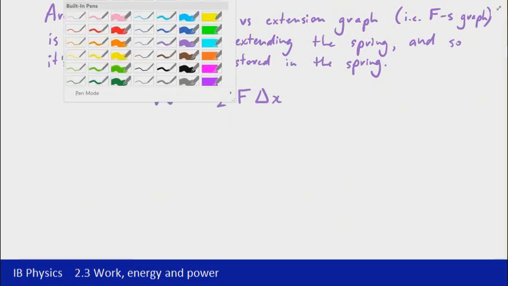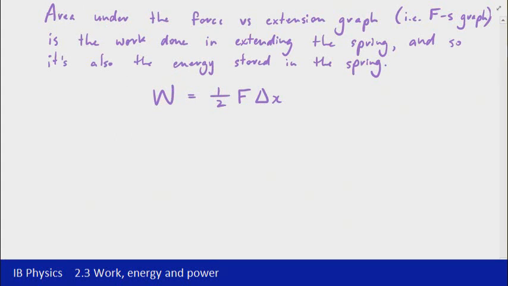As we said though, the work done is also then going to be the energy stored, so we'll use E_P here again for potential energy. Now though, instead of writing F, we can write what F is equal to, which is, as we saw before with Hooke's law, k times delta x, and we still then multiply by delta x again.